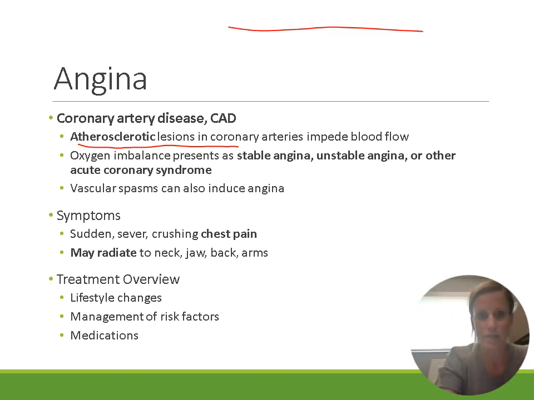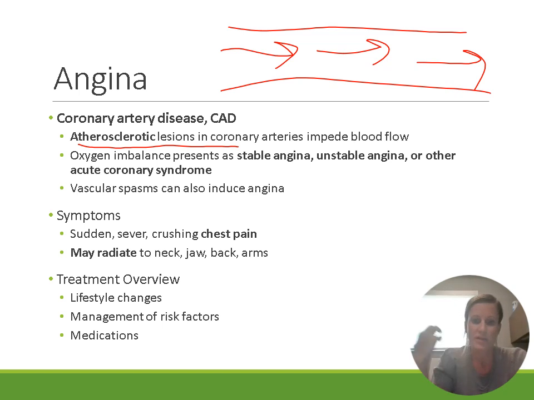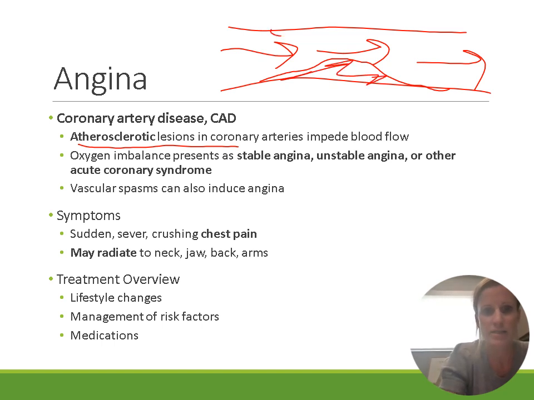If you think about it, here's a blood vessel and blood is flowing through the lumen of that vessel. When somebody has atherosclerotic lesions, which happens when someone has really high cholesterol, that high cholesterol starts to build up and you end up with these lesions on the vessel walls. So when somebody has these atherosclerotic lesions, that decreases the lumen of the blood vessel.